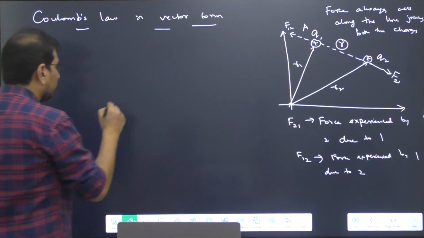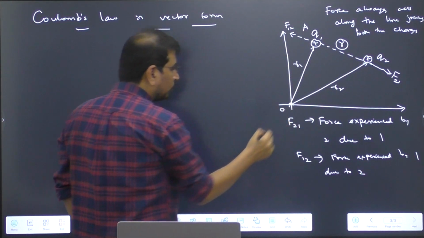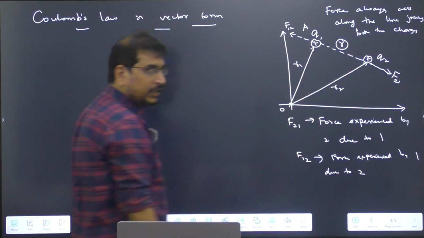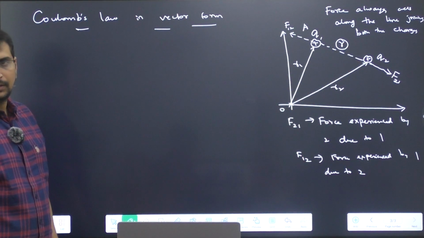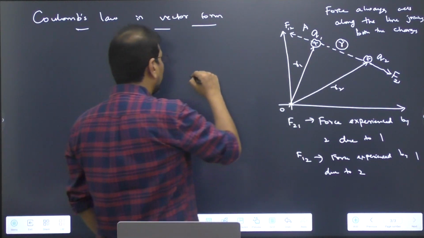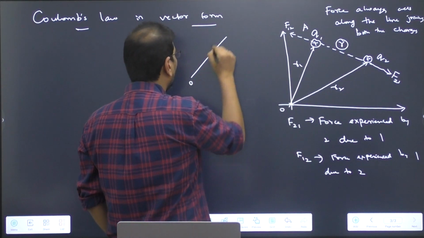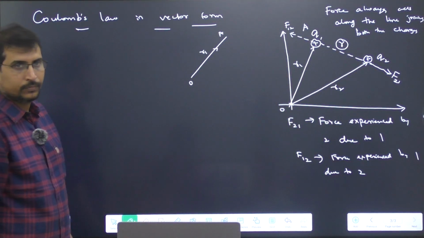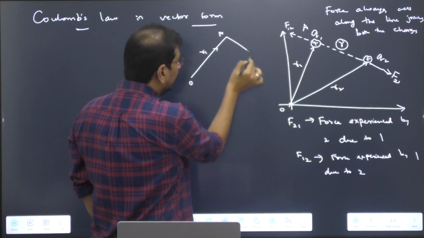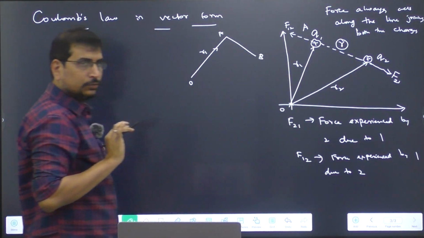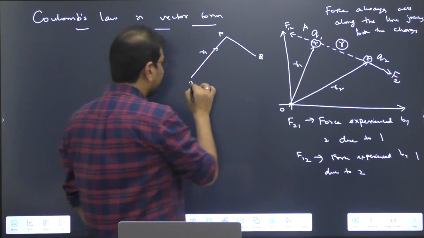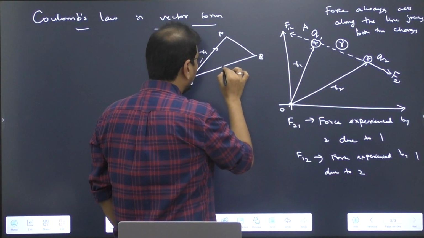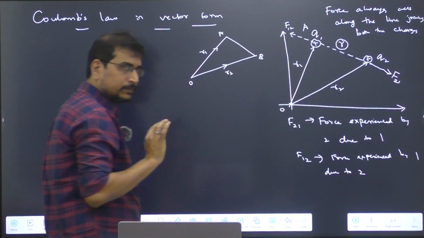Okay. So for those who don't know, observe, if these points are O, A and B, is it not forming a triangle? Right. So observe. OA is R1 in this direction. AB, I'm not giving any direction as of now. And OB is R2, it is fixed.